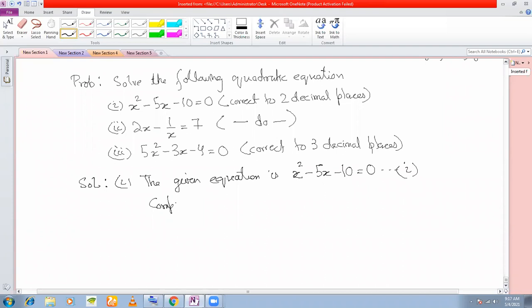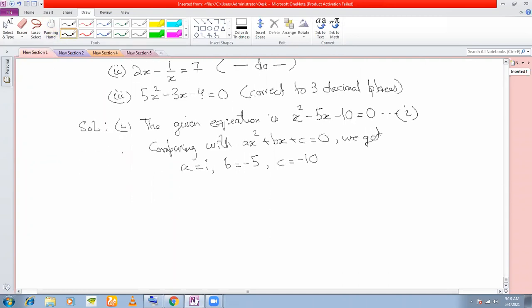Comparing with ax square plus bx plus c is equal to 0, we get a is equal to 1, b is equal to minus 5, and c is equal to minus 10. Okay, now we shall use the formula. Therefore x is equal to minus b plus or minus root over of b square minus 4ac by 2a.